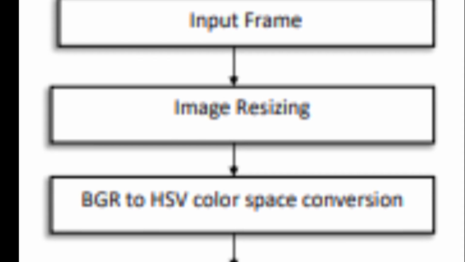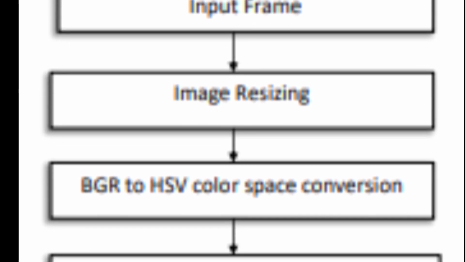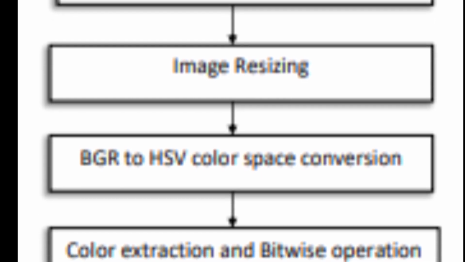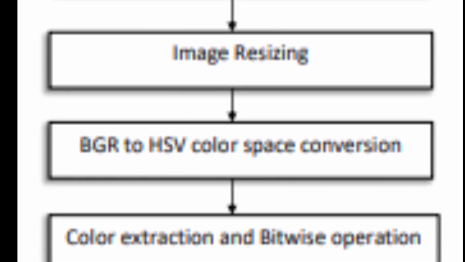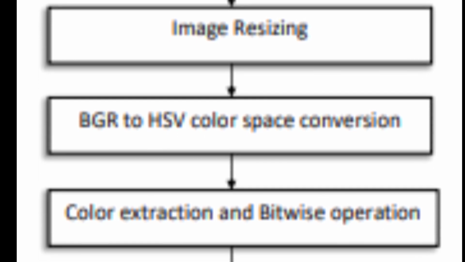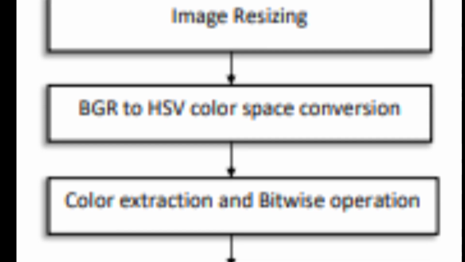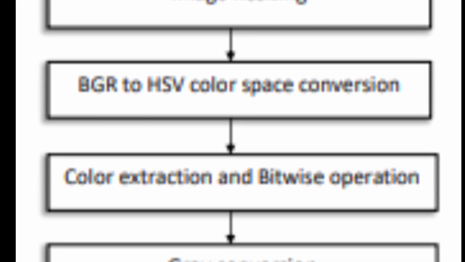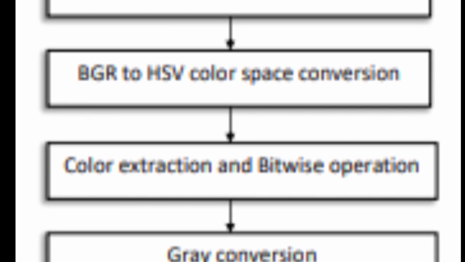For the lane detection, first we take an input video from the USB tethered mobile camera. Then we resize the input image for optimized processing and for convenient display. Then we convert the image from BGR to HSV.